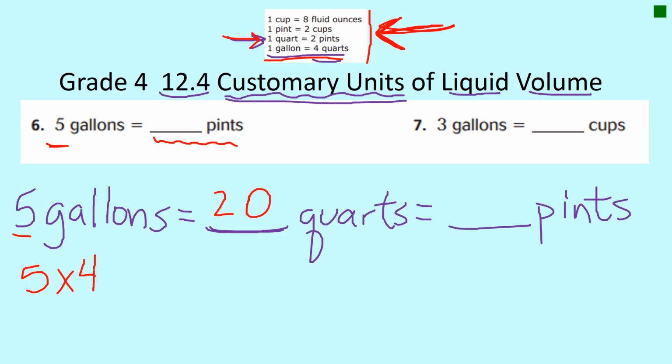So if 1 quart is 2 pints, 20 quarts is 20 sets of 2 pints, right? 20 sets of 2 pints. So what's 20 times 2? You know that one. I bet that's mental math, right? 20 times 2 is 40. So 5 gallons equals 40 pints.